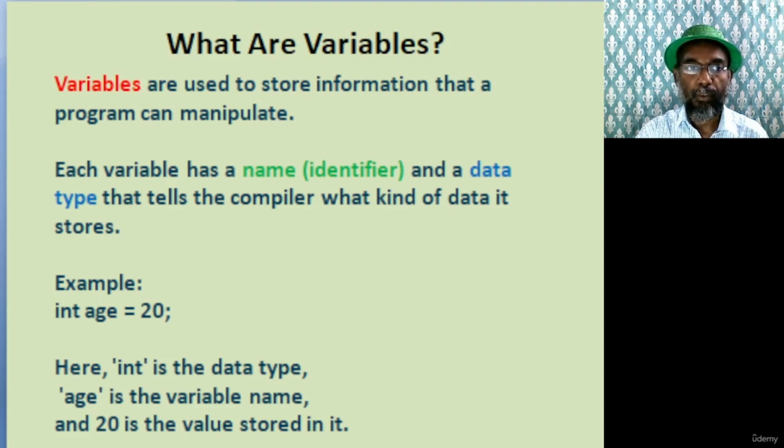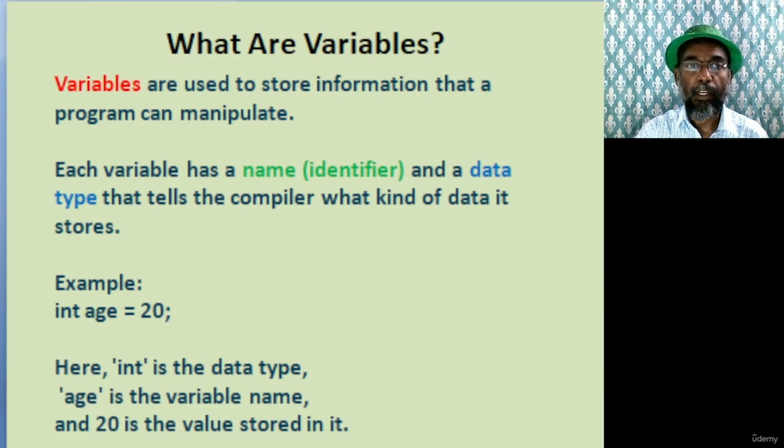What are variables? A variable stores information. It gives your program the power to remember. Let us say you want your program to store a person's age. You could write int age = 20; Let us break that down.